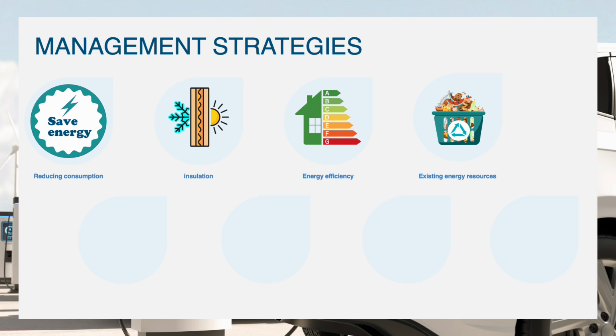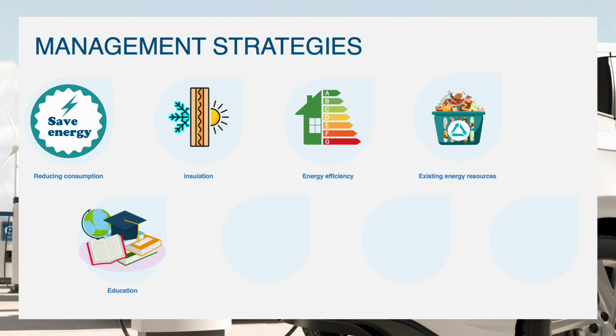Cogeneration systems can use waste heat from factories to generate extra electricity. And organic waste can be broken down by bacteria to make biogas. Some waste can also be burned to produce heat and electricity. This then improves the efficiency and reduces the pressure on fossil fuels.